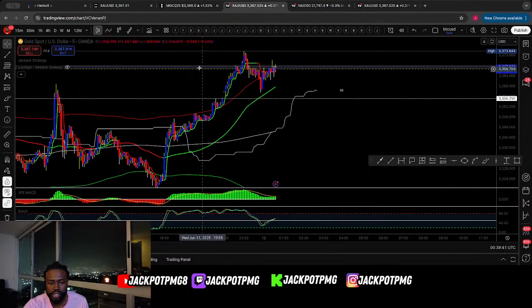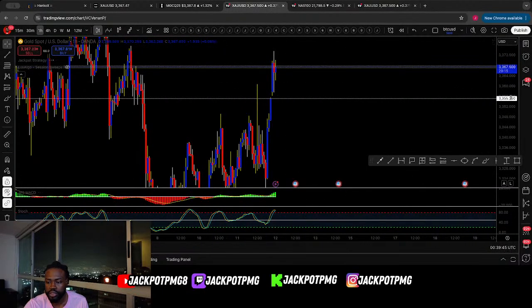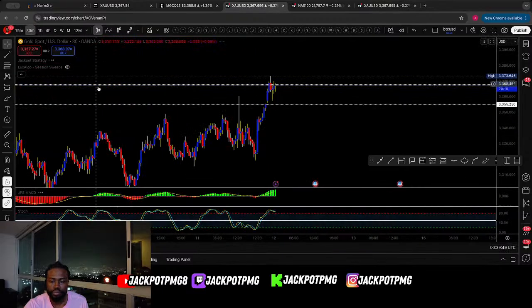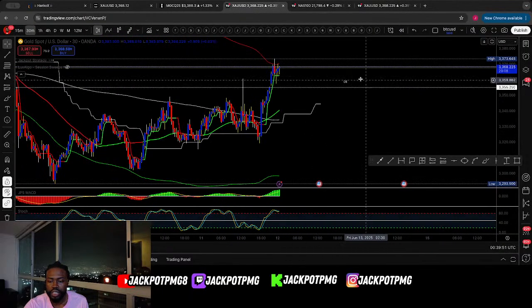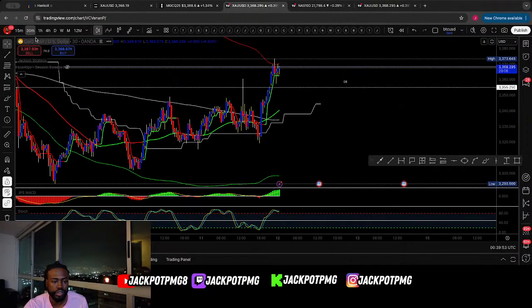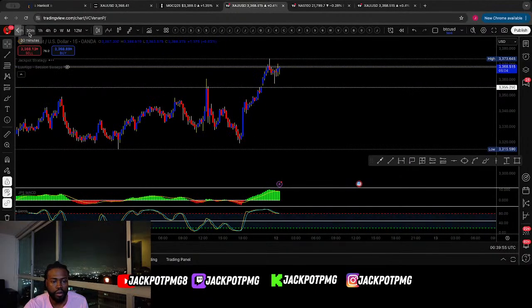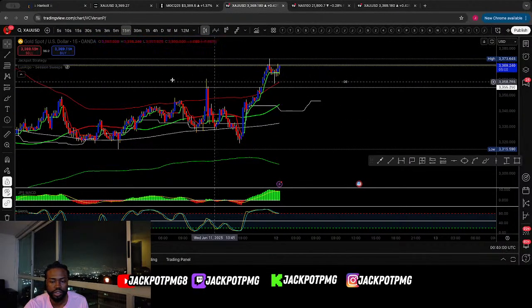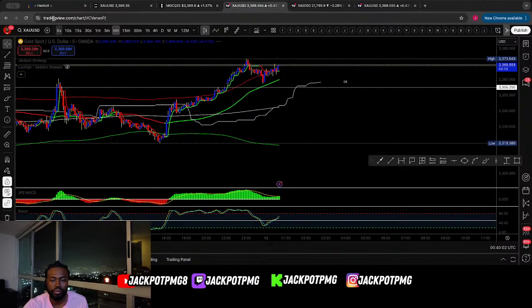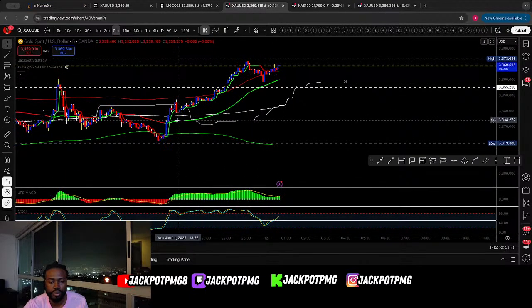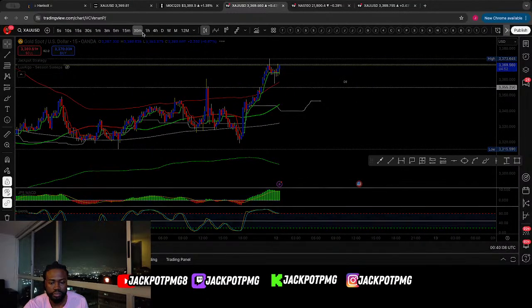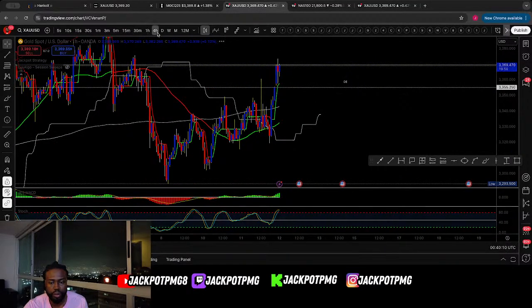So you see where it says DE? Where it says DE, that means daily entry. Now, daily entry is over in this area here. That's where it's at right now. But before that, daily entry was somewhere around here. So let's see what's the best time frame I can use to show this example.